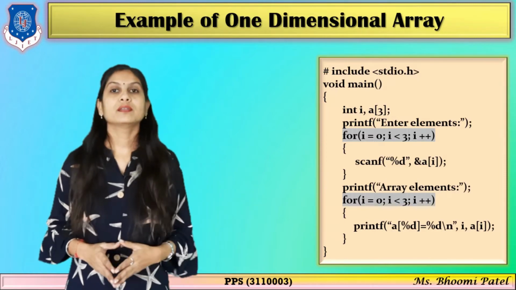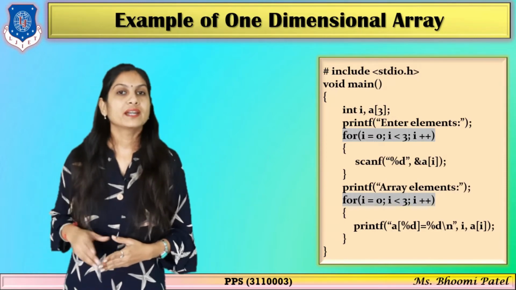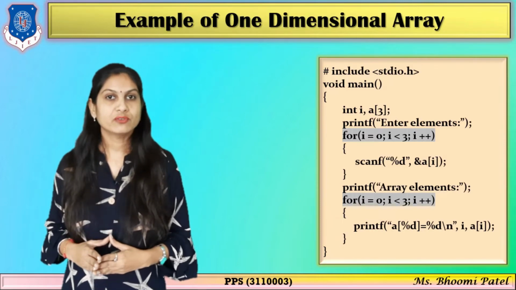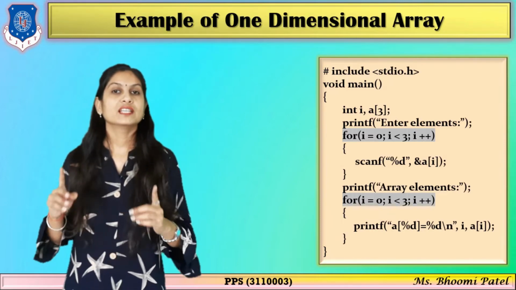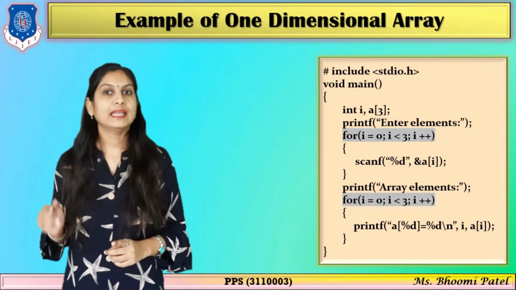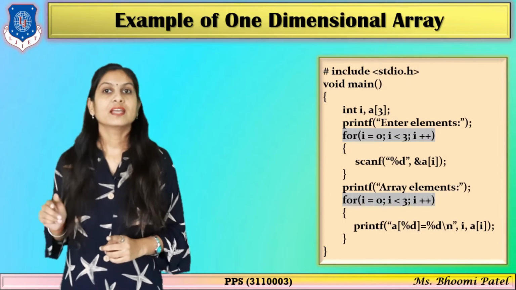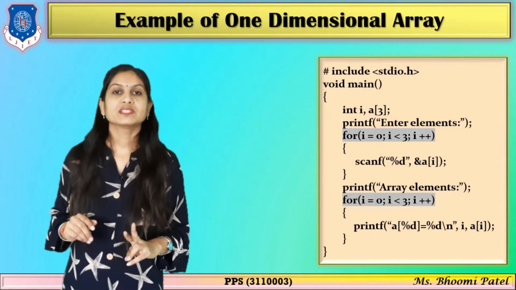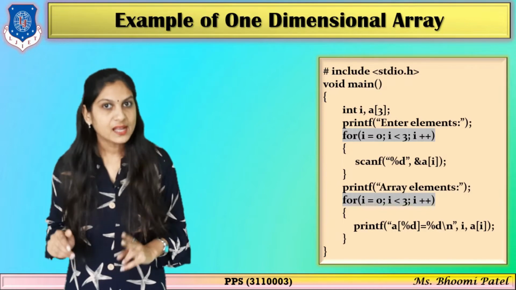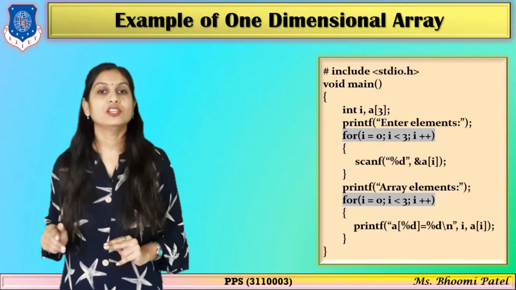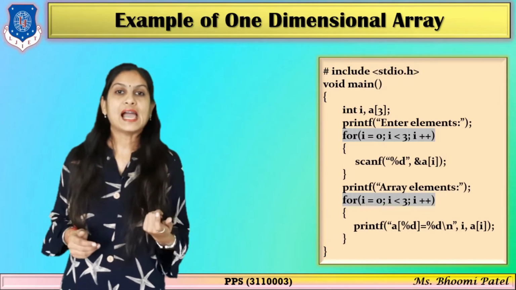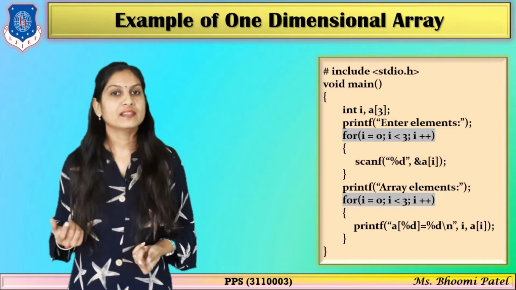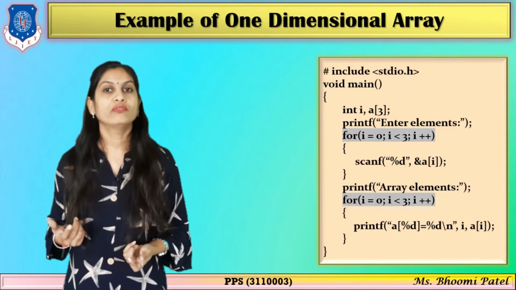So we write the printf. Inside printf we write in double quotes a[%d] = %d, then \n. The first %d has the value of i and the second %d has the value of a[i], that is i is the index and a[i] is the element of the array.